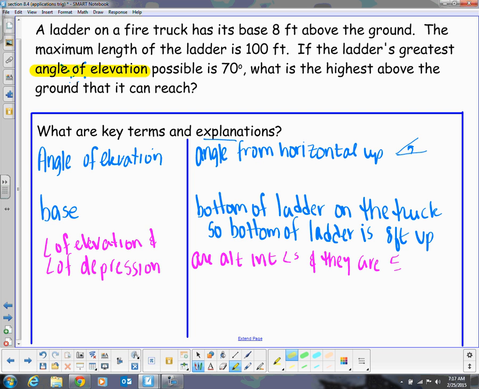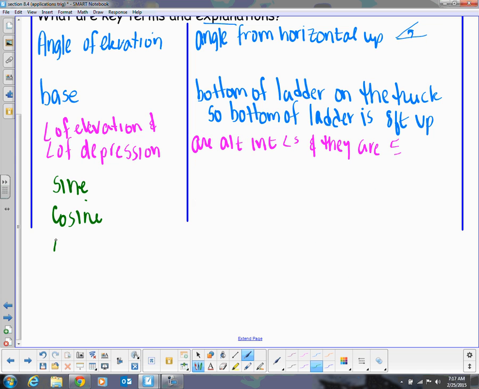What have you been working with? Sine, cosine, tangent. Do we know what we're working with now? At this moment. All right. What is sine? Opposite over hypotenuse. What is cosine?